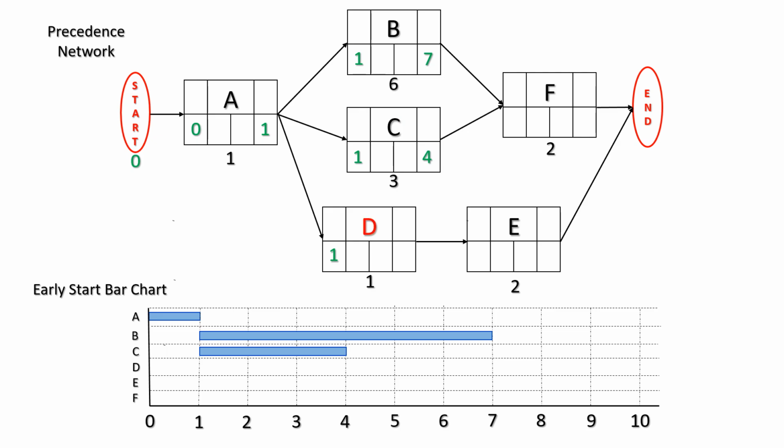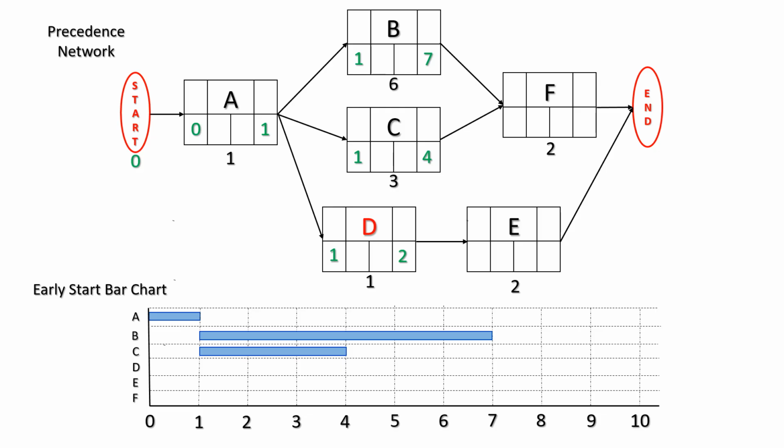And now moving down to activity D, we can calculate the early finish for D. The early finish for D will be the early start of 1 plus the duration of 1, which gives us an early finish of 2.